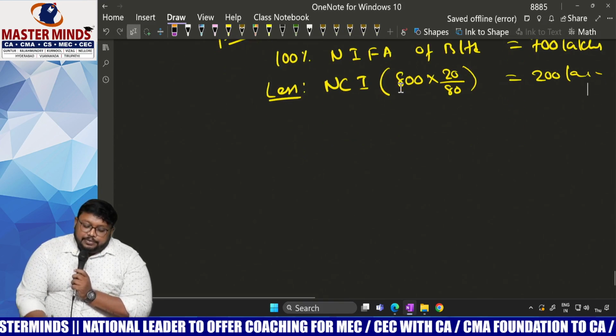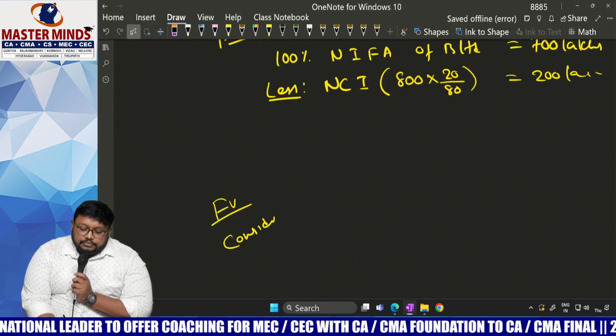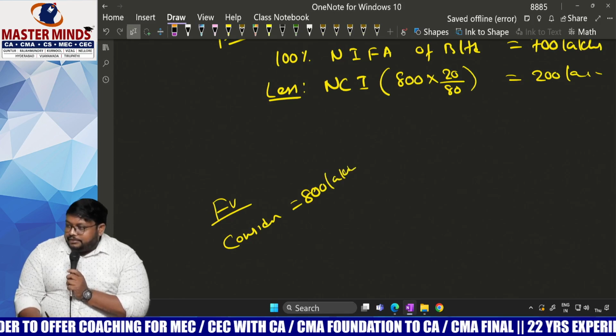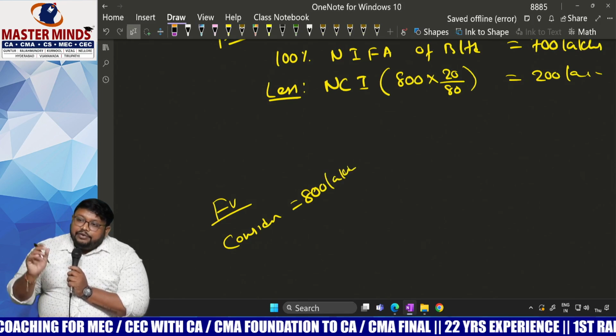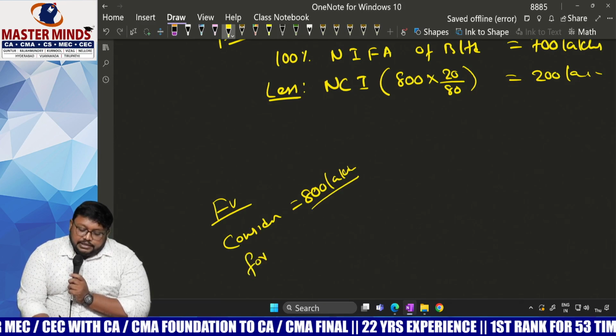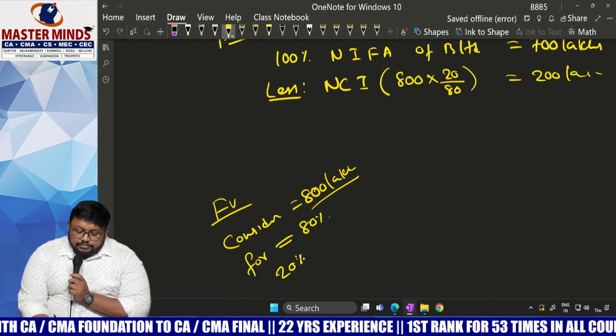Under fair value basis, how do you calculate? First we will take consideration. Here net assets is not required when you are calculating fair value basis. 800 lakhs consideration for 80% of stakes. Then 20% how much?